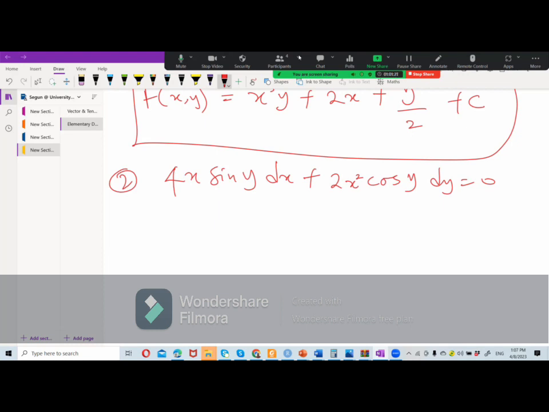If you are using the f the x, at the end of the integration you have to add g of y. If you are using the f the y, you have to add h of x or g of x. It depends on what you use.